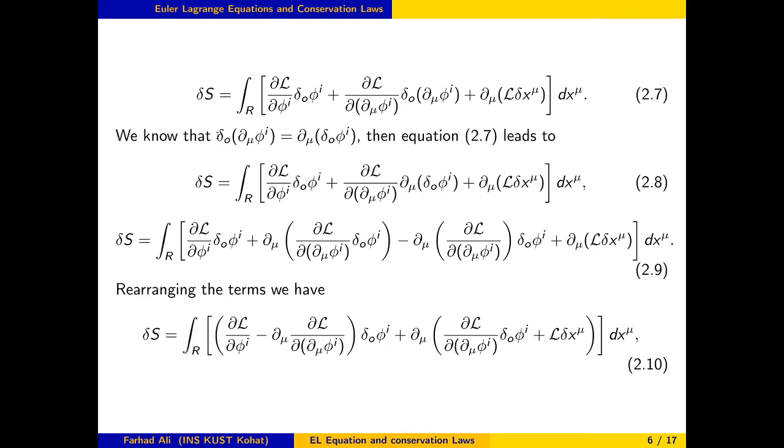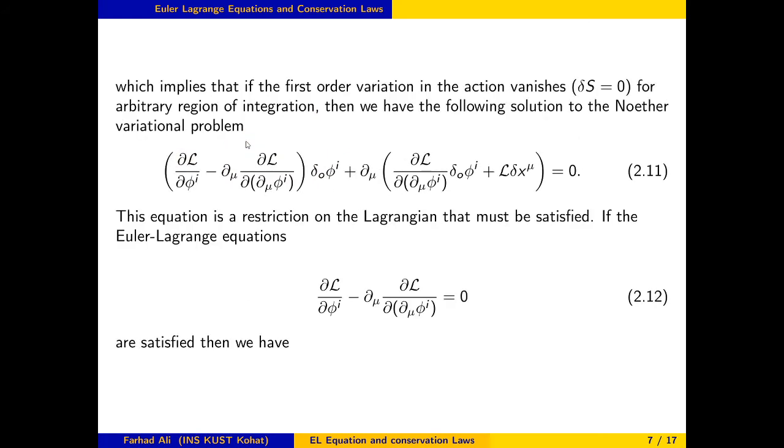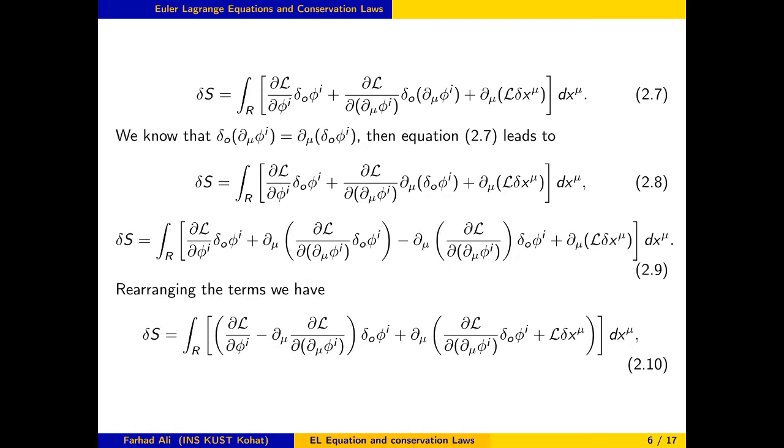Now using this identity, these two operators commute. Delta naught is the variation in the dependent variable keeping x constant, and partial mu is the total differential operator.